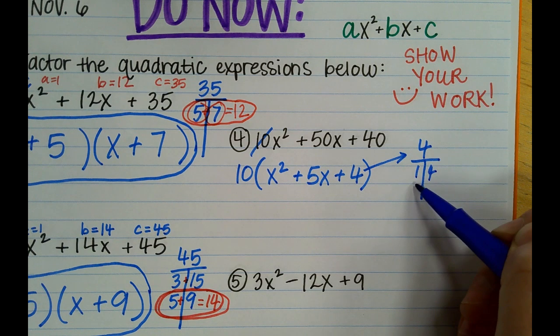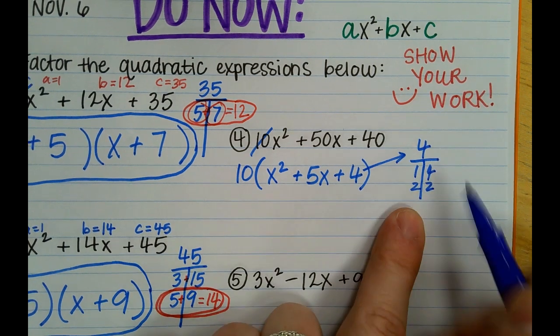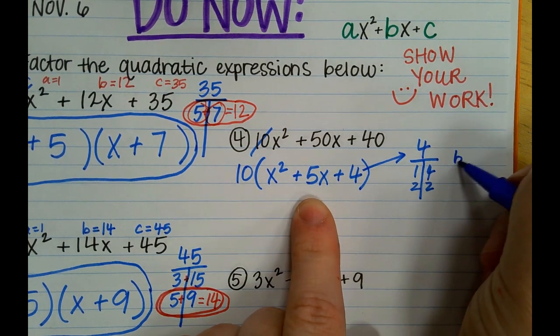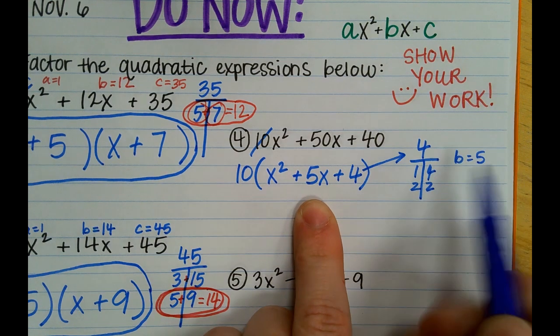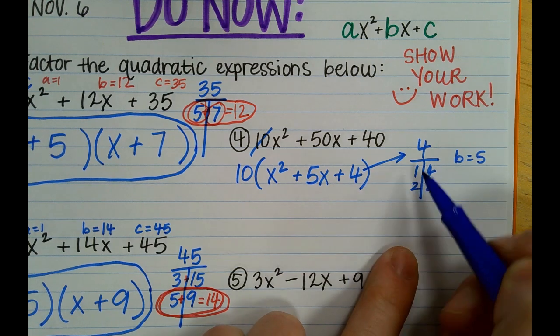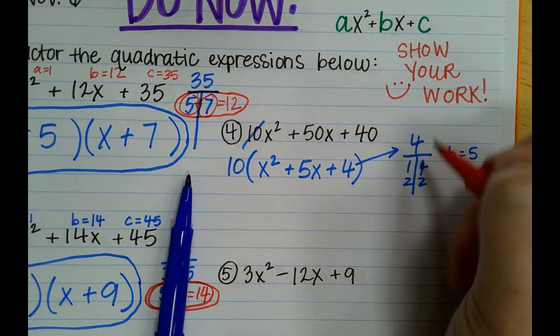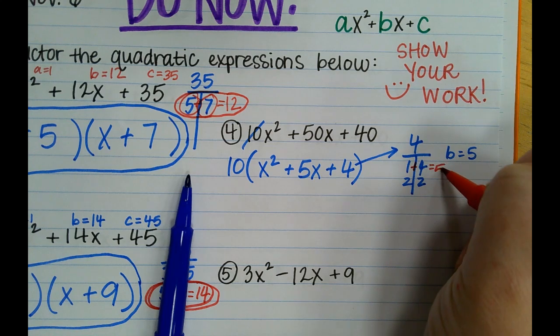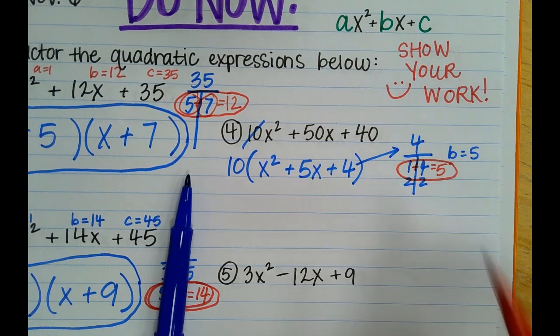1 and 4. I could write 2 and 2, but let's look at our b. Remember, our b is 5, and I want my numbers to add up to b. So 1 plus 4 is 5. Good. So I know my numbers I'll be using are 1 and 4.